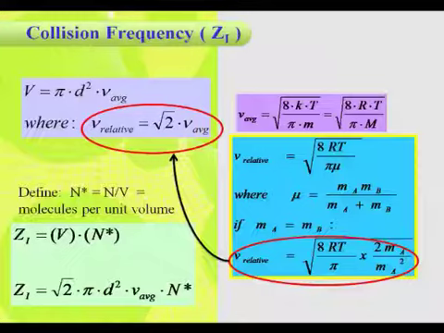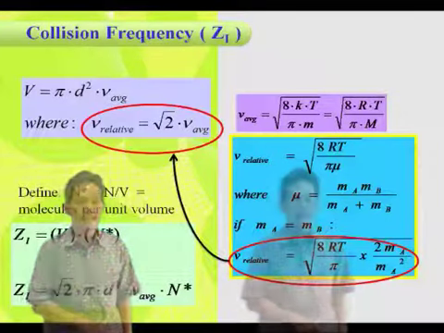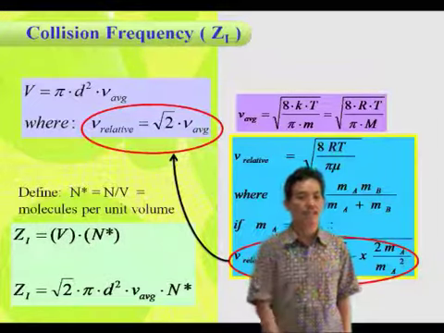I think everyone already understands how we calculate the frequency of collision between molecules. Just remember that here we only have one molecule moving, so the frequency is represented by the equation that I showed you. Z1 equals, as you can see on the presentation.